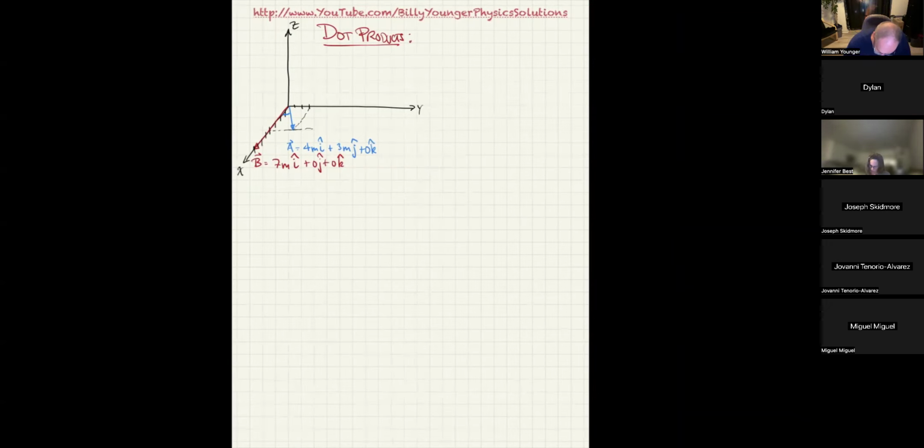So I'm going to start off with calculating A dot B. A dot B, as I said, was equal to the x component of A times the x component of B, which in this case is going to be 4 meters times 7 meters, plus the y component of A, which is 3 meters, times the y component of B, which is 0 meters, plus the z component of A, which is 0 meters, times the z component of B, which is also 0 meters.